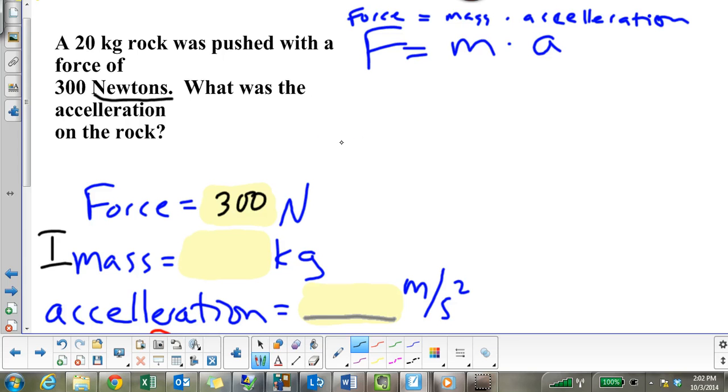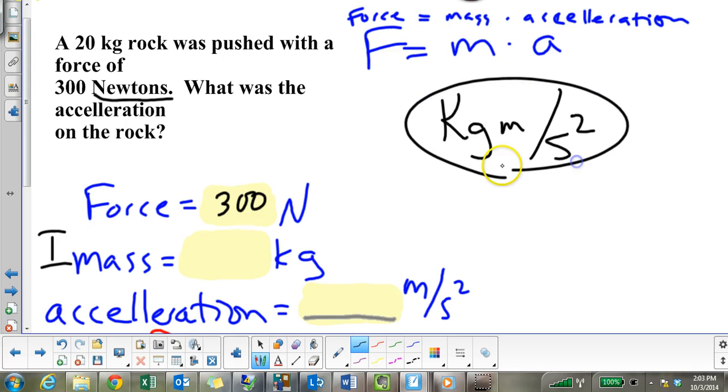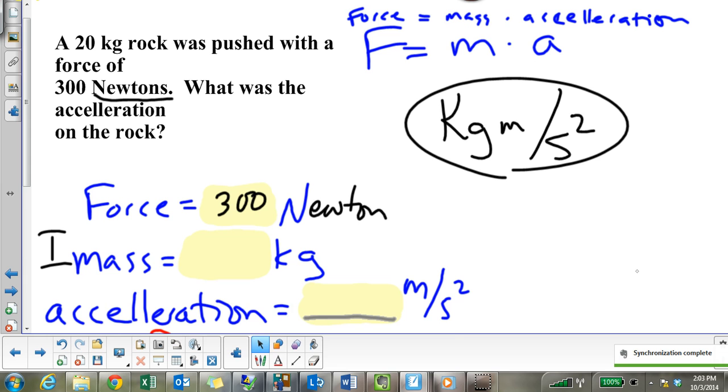Really, a Newton is a kilogram meter per second squared. That really is the label on a Newton. But instead of that, they just call it a capital N. It is a Newton, but you can use capital N in its place.